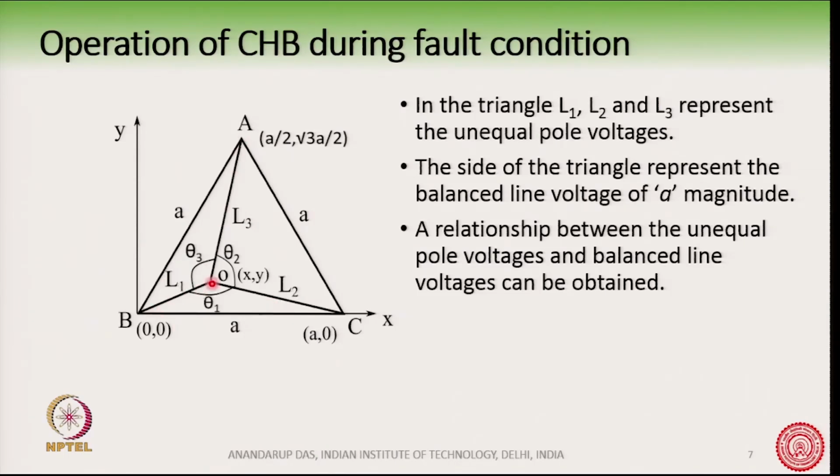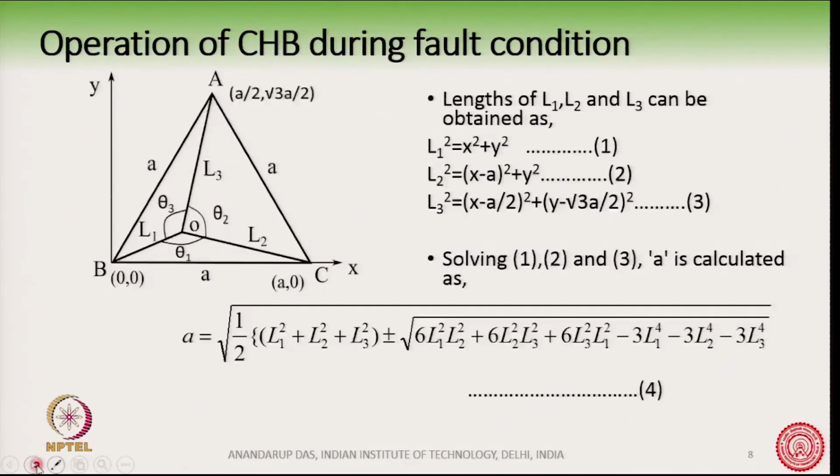If you have such a triangle, then it is possible to get a relationship between A and L1, L2 and L3. That means a relationship between the unequal pole voltages and balanced line voltages can be obtained, using the basic functions of coordinate geometry.